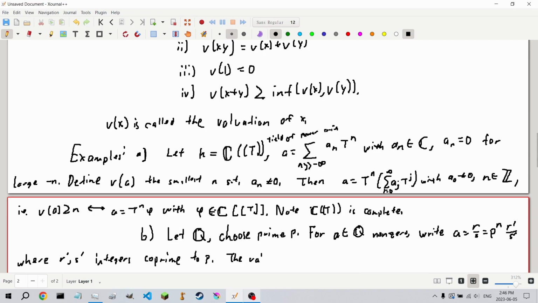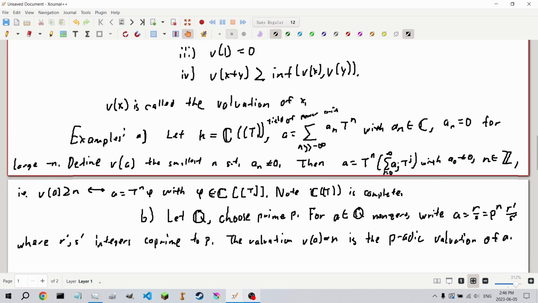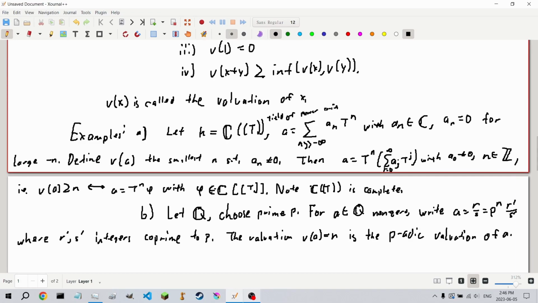And then the valuation v of our rational a being equal to this n is called the p-adic valuation, which is what I was alluding to earlier. The p-adic valuation of a. Then Q itself, the rationals, are not complete under this, but we can just take their completion.